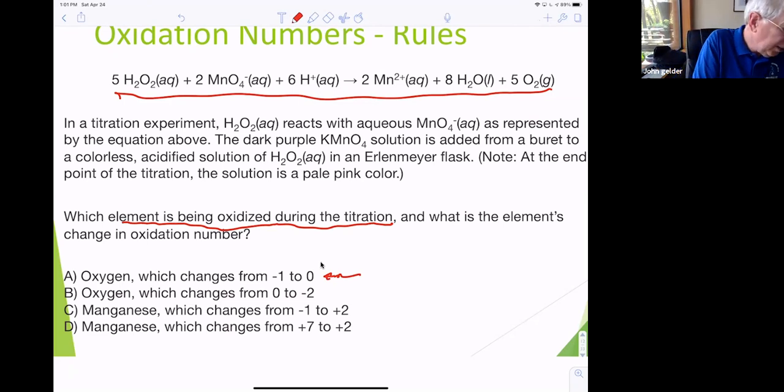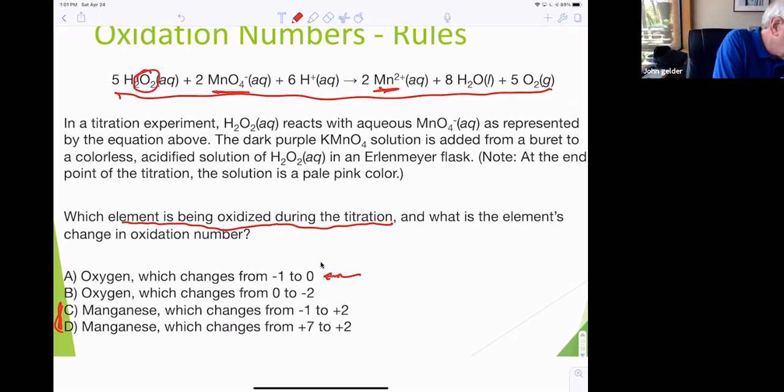So in this case, we can see, just looking at the equation here, MnO4 minus is going to Mn2 plus. So we lose oxygen, that's going to be reduction. So we can dismiss the manganese because it's being reduced. So it is in fact the oxygen in peroxide.